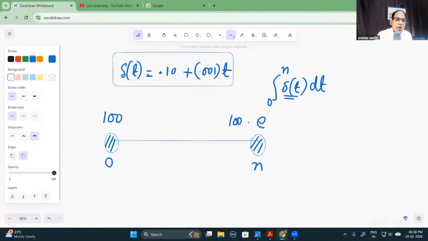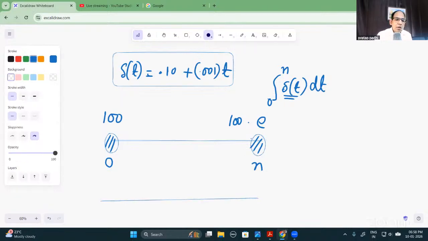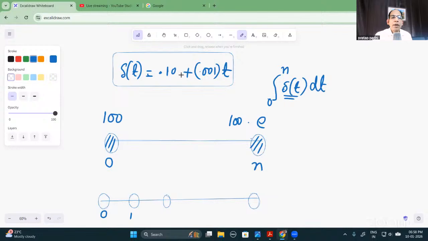I'll write here what is the interest that is applied at each time. Now see how it's changing. Just take t equal to 1. If you take t equal to 1 here, this is 10.1%. See, the interest rate is changing.